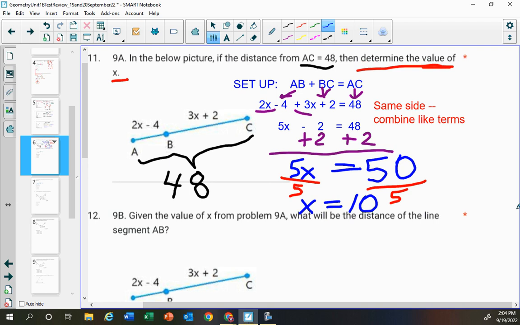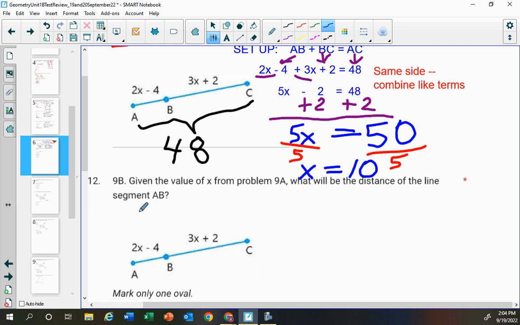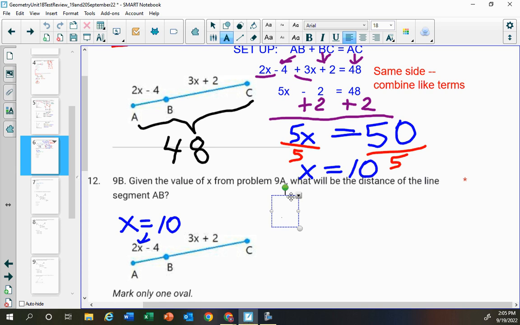Okay, next 2 problems are going to be similar to the angle problem that we did. 16, yep, because 2 times 10 minus 4. So plug in that x equals 10. Remember, you have to be active with this, which some of us have been active, and that's good.